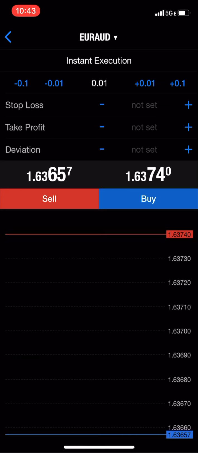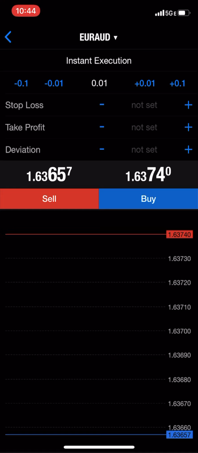Coming into the different order types, we have instant execution, which essentially allows us to buy or sell at the displayed price. Be aware that if you click buy or sell on an instant execution, by the time your order goes into the market, the price that you were seeing before may have changed.